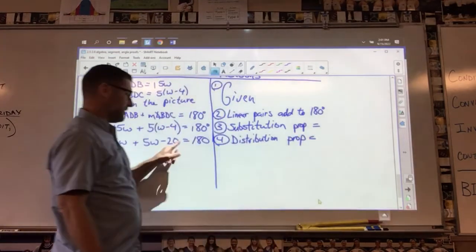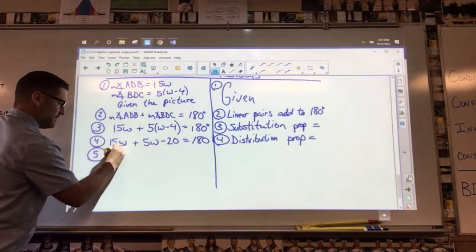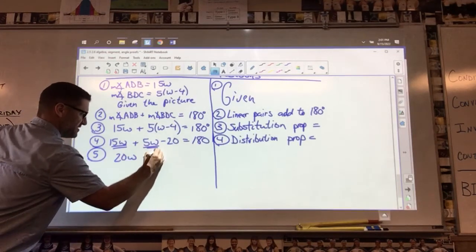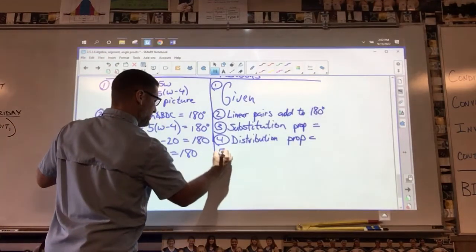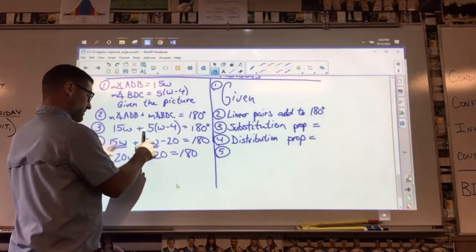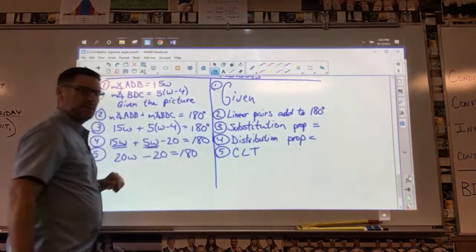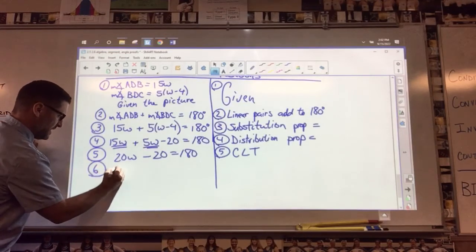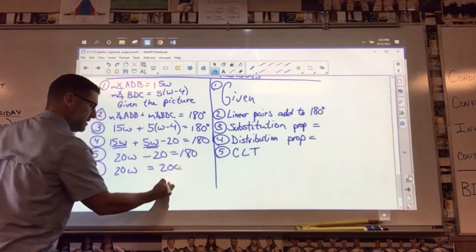They're properties of equality because there's an equal sign there. Step number 5, I'm gonna do this: 20W minus 20 equals 180. What I've done there is I took those two and shoved them together, or combined like terms. CLT. Step number 6, I got 20W equals 200.